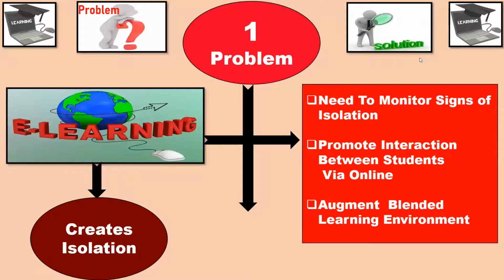Yes, this is the first problem we have identified. E-learning, that is virtual learning, is creating a kind of social isolation. That means isolation among the students. Students are feeling isolation. Why are the students feeling isolation?